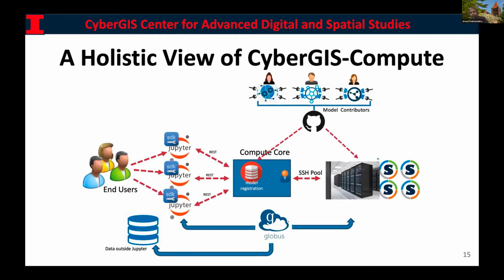So this is a holistic view of the CyberGIS-Compute environment. I did not touch everything here, but from an end user's point of view, you just talk through the SDK, through Jupyter, and then you use the compute core to talk to HPC. We also have Globus and other things integrated to do data transfer.